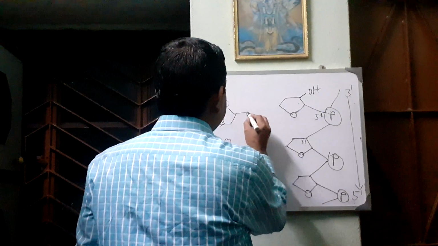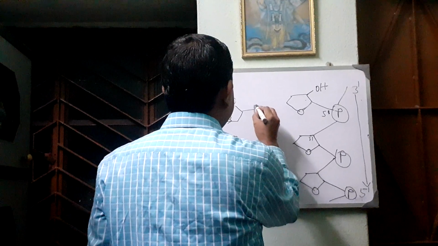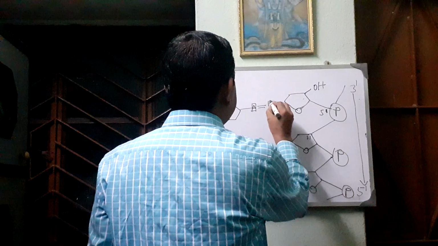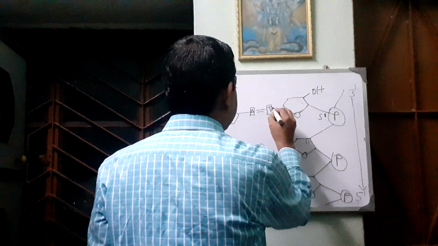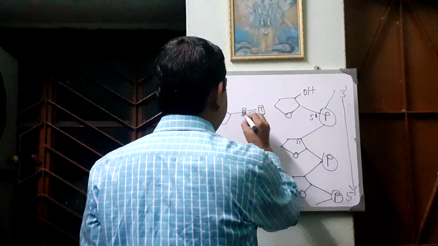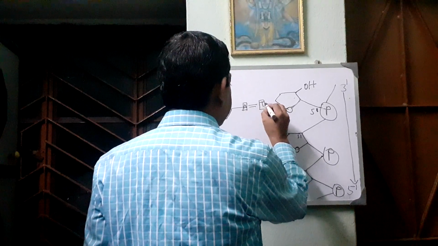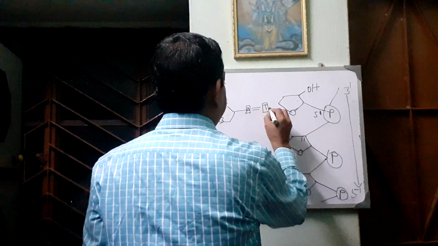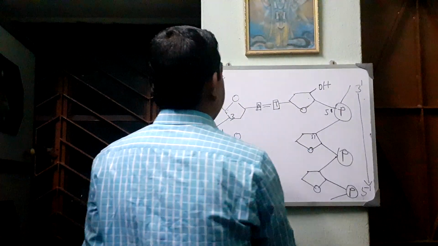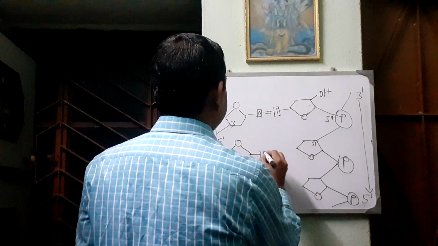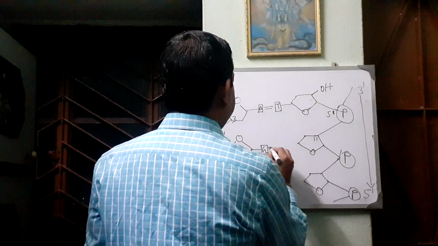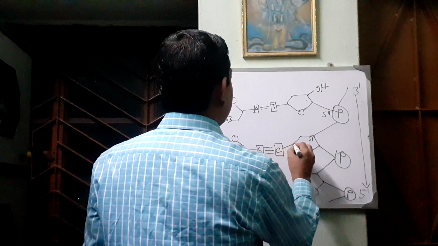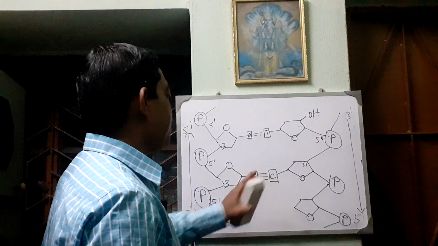Now here the adenine will be combined with the thymine base. A purine base combines with a pyrimidine base by a double hydrogen bond. Guanine will be combined with cytosine by 3 hydrogen bonds.